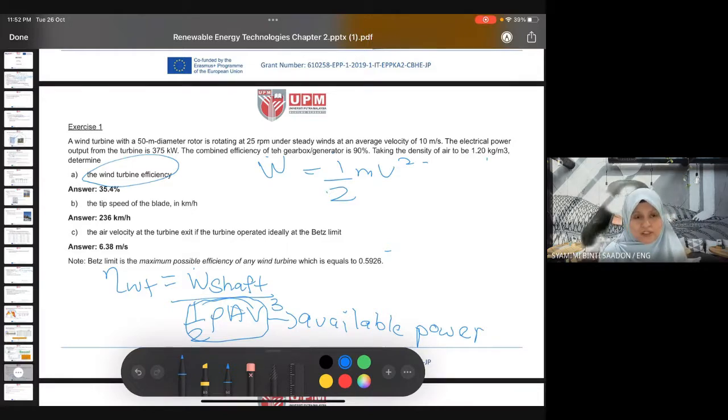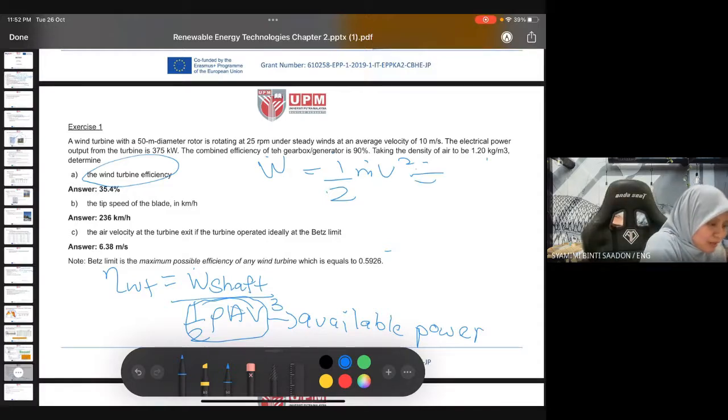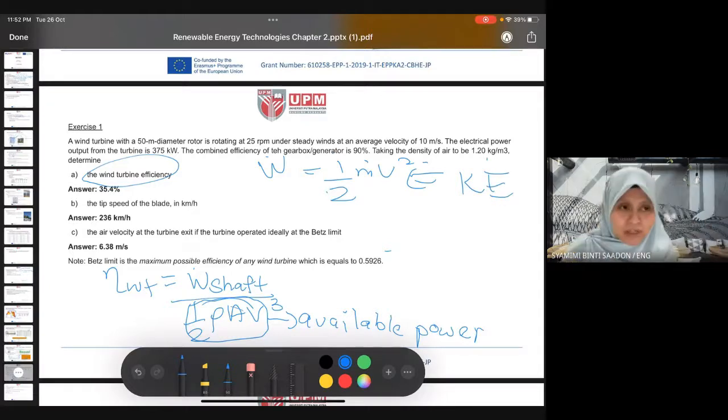But this one is in terms of power, so we multiply with the mass flow rate, m dot. This comes from kinetic energy. Why kinetic energy? Because the wind turbine transforms the kinetic energy of the wind to mechanical power, electrical power. So that's why the first law of thermodynamics is important.